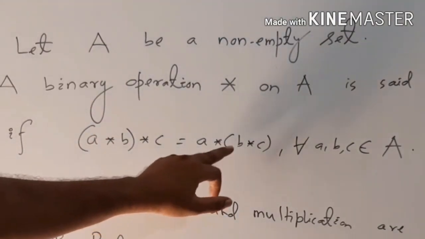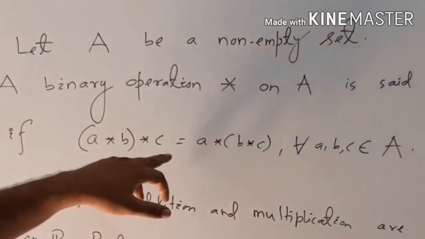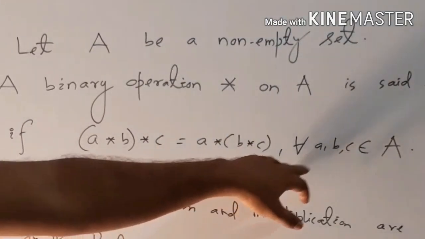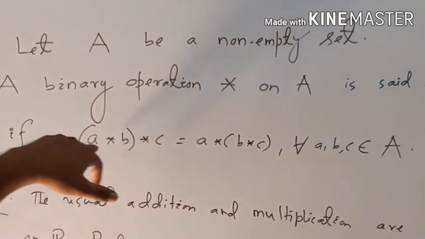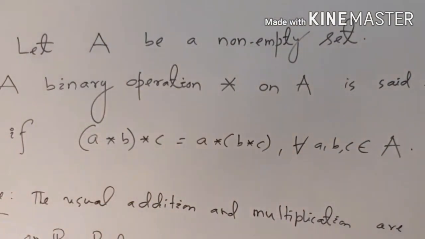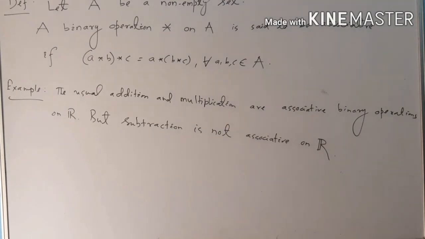Similarly, I am starting the bracket here and ending here. If this is true for all A, B, C belongs to A, then this type of binary operation is called associative. Example: it is easy to see that the usual addition and multiplication are associative binary operations on R, but the subtraction is not an associative binary operation on R.